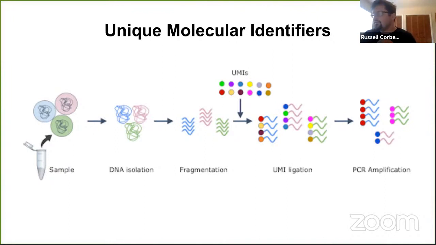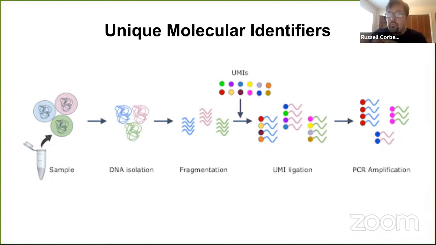That is a little section of DNA, an oligonucleotide that we synthesize, and we synthesize it to be random. So in other words, these may be 16 base pairs long, but it's 16 random A, C, G's, and T's.